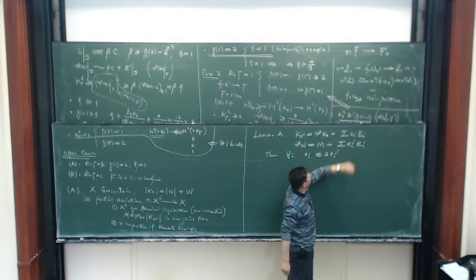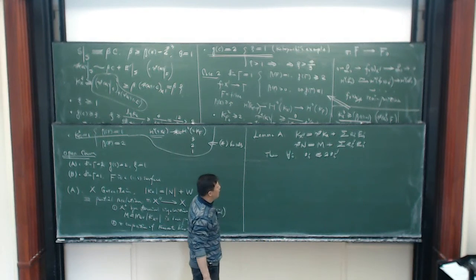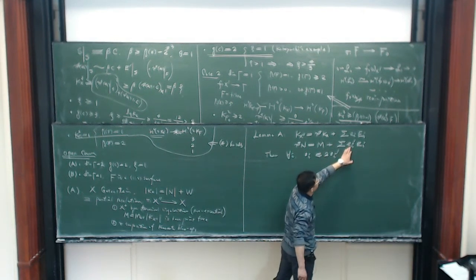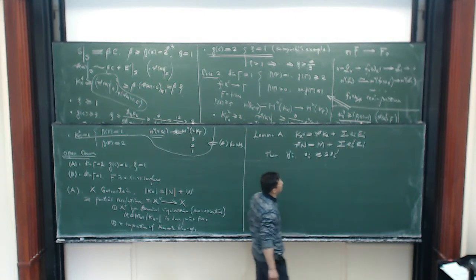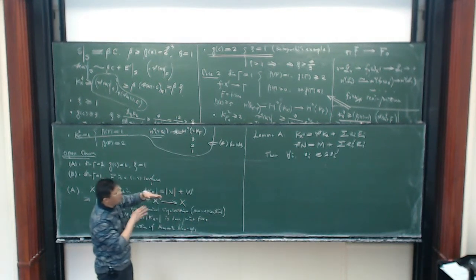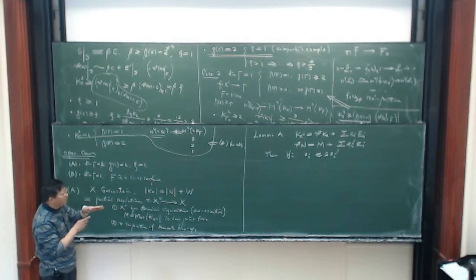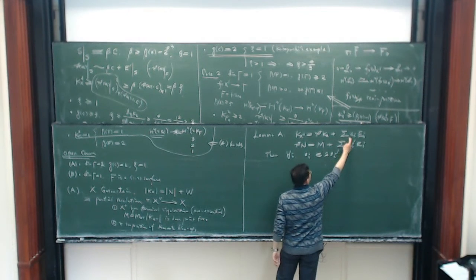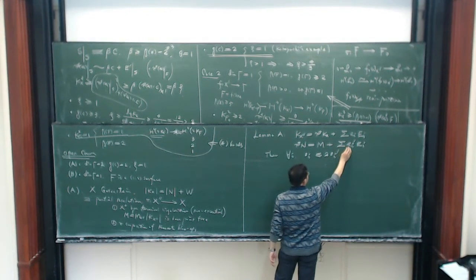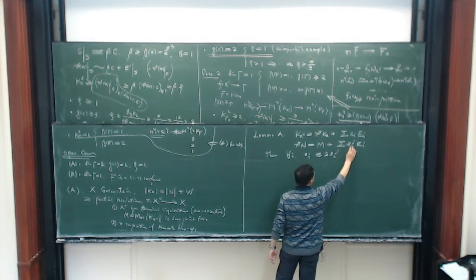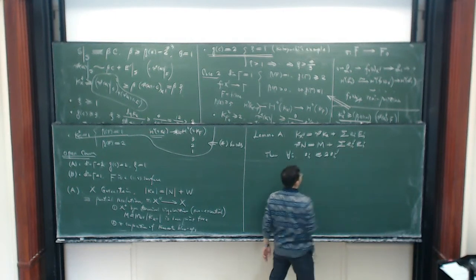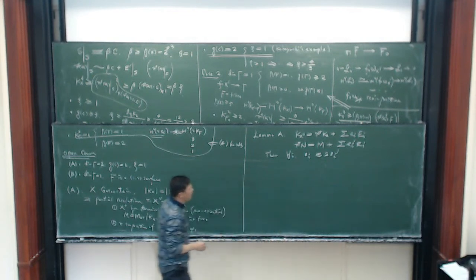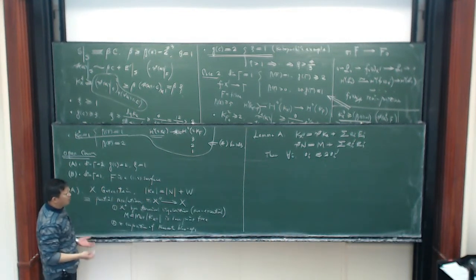But on the other hand, this is at least 1. So this always holds. If you blow up a smooth curve, the center is a smooth curve, then E_i is 1. But in the second inequality, E_i prime is also at least 1. So this always holds.